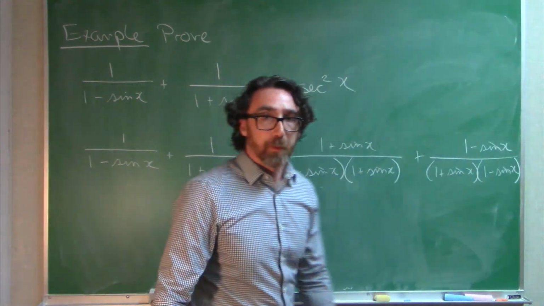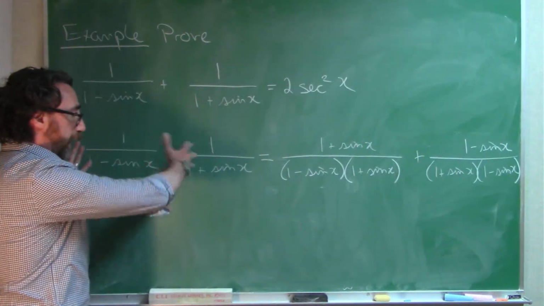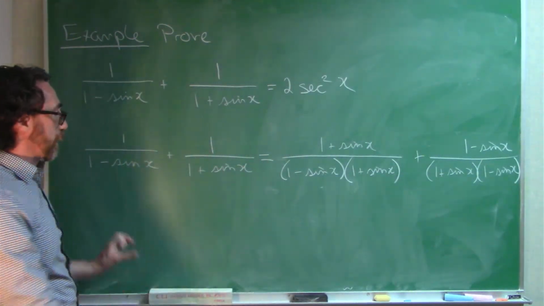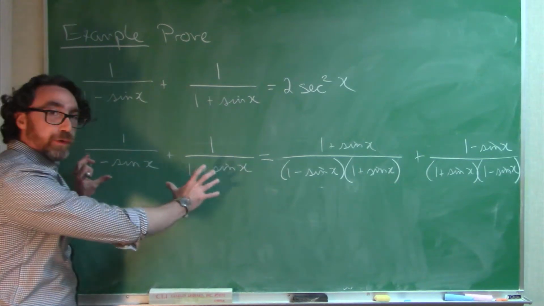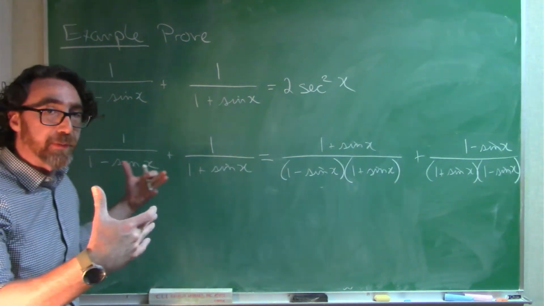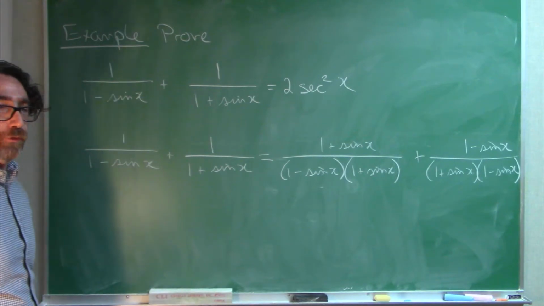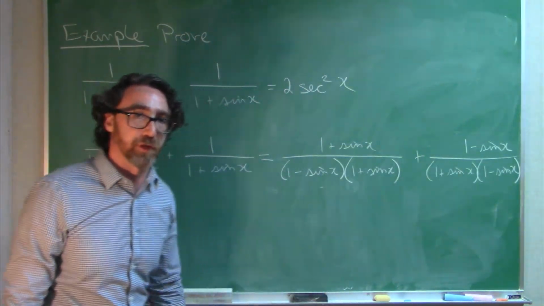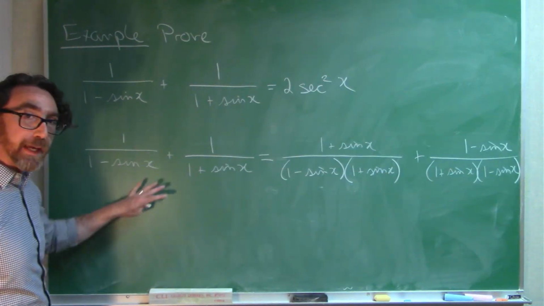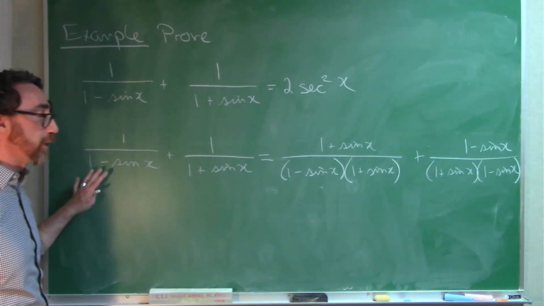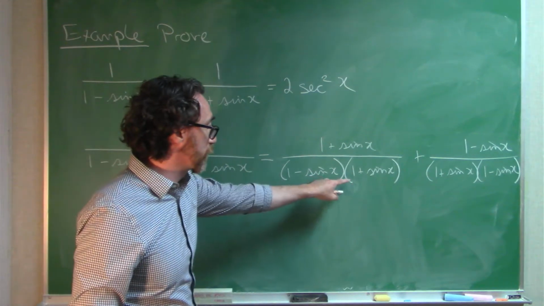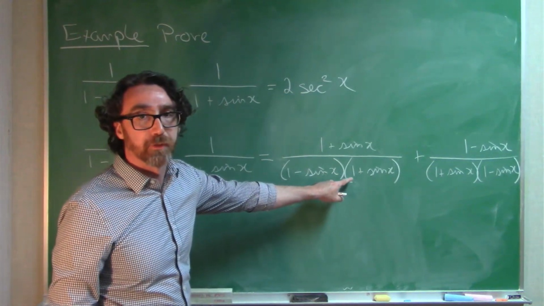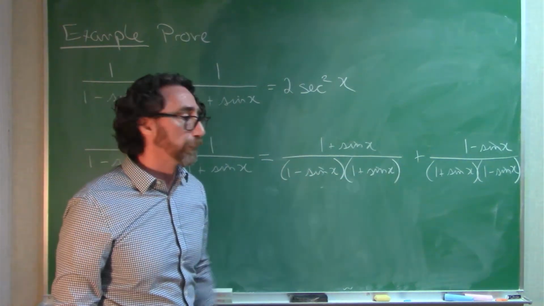So I've got my fractions here, and I have to add them. I need a common denominator. How do I get a common denominator? Well, you take the denominators that you do have and multiply them together. So my common denominator is 1 minus sine x times 1 plus sine x. The first fraction already had a 1 minus sine x downstairs, so we're going to hit it with 1 plus sine x, top and bottom.